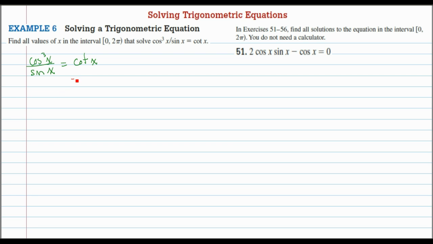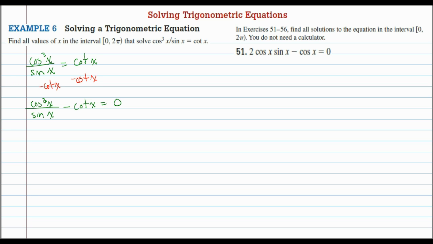I'm going to subtract cotangent of x from both sides. So I have cosine cubed of x over sine of x minus cotangent of x equals 0. So I set the whole expression equal to 0 just like you would do if you had only x's in there and no trigonometry.